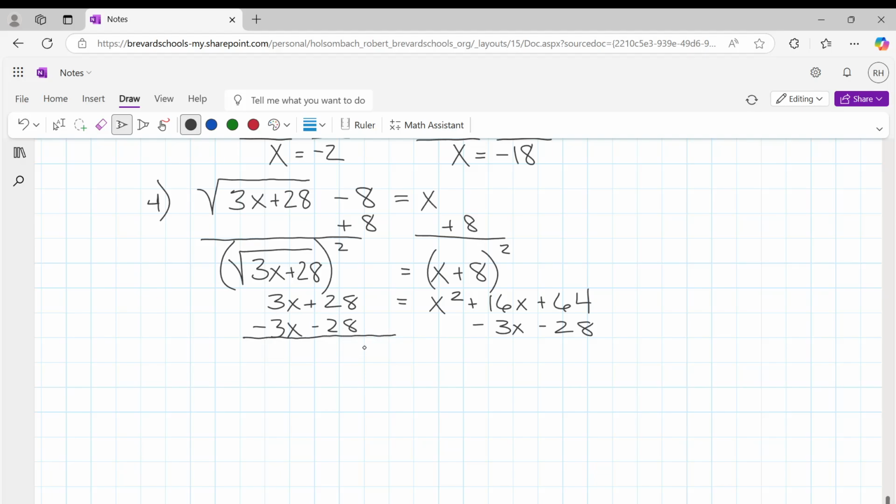On the left-hand side, we get 0. On the right-hand side, x squared plus 13x plus 36.